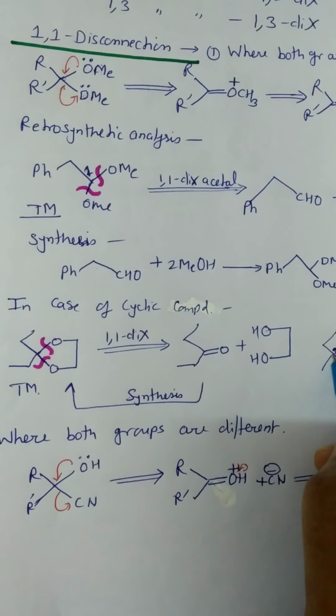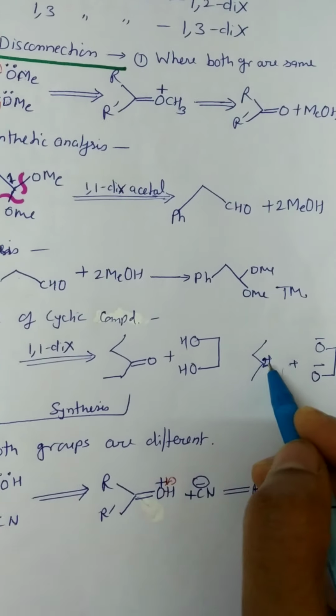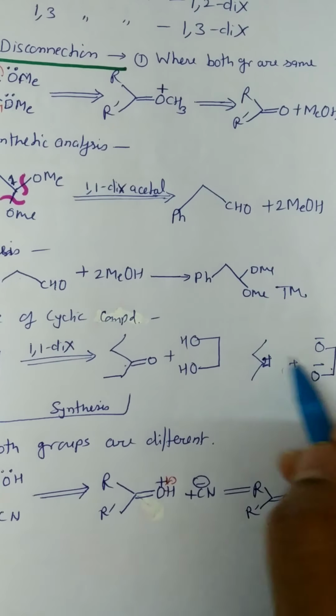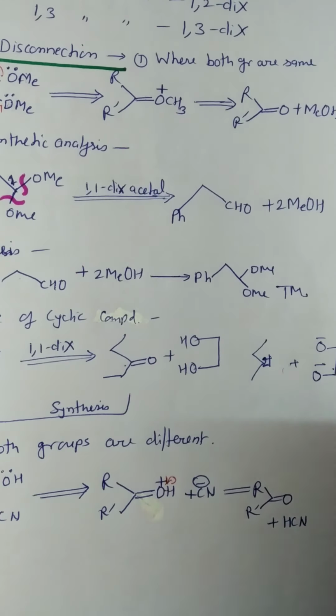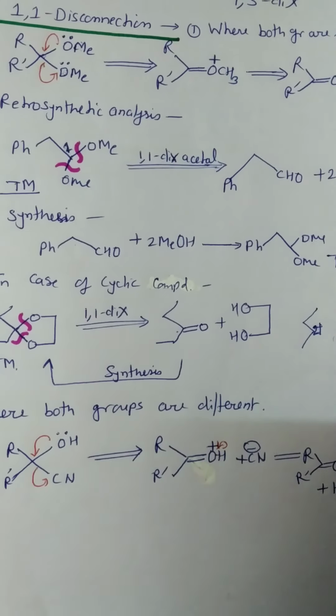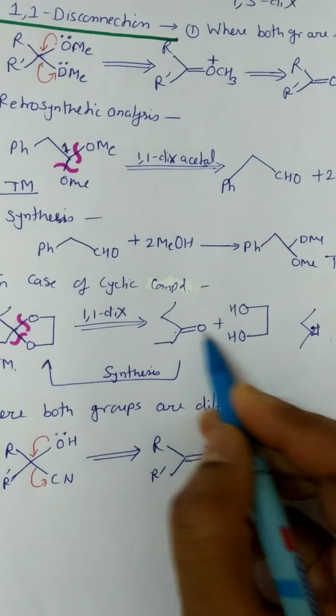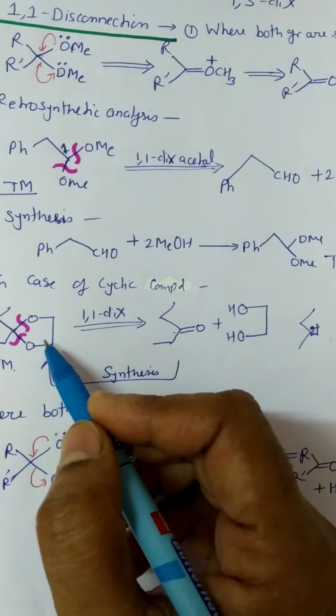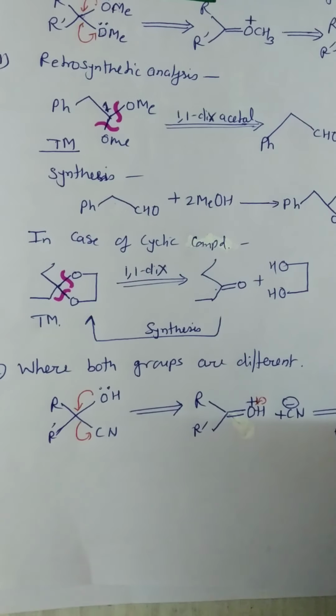The synthetic equivalent of this synthon is this one, and the synthetic equivalent of that synthon is this one. Therefore, by combining the synthetic equivalents, we obtain the cyclic compound of this type.